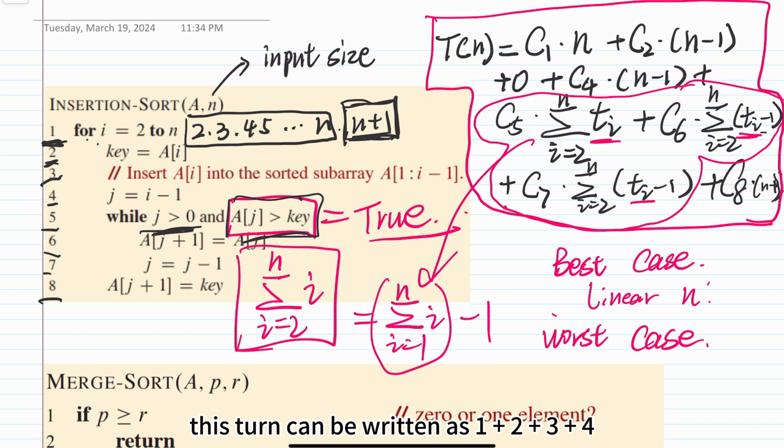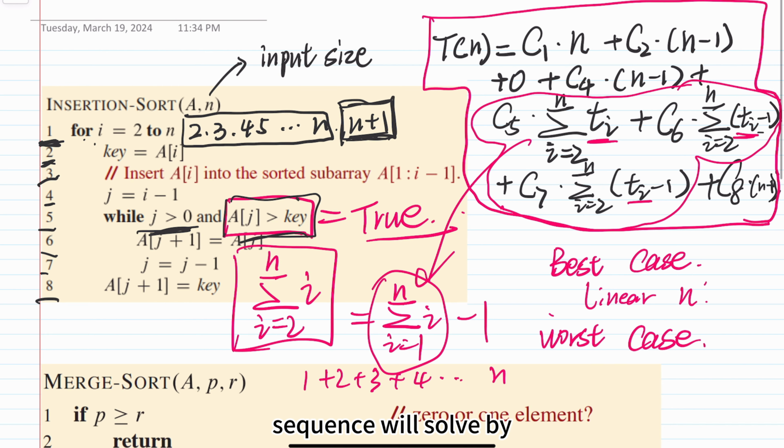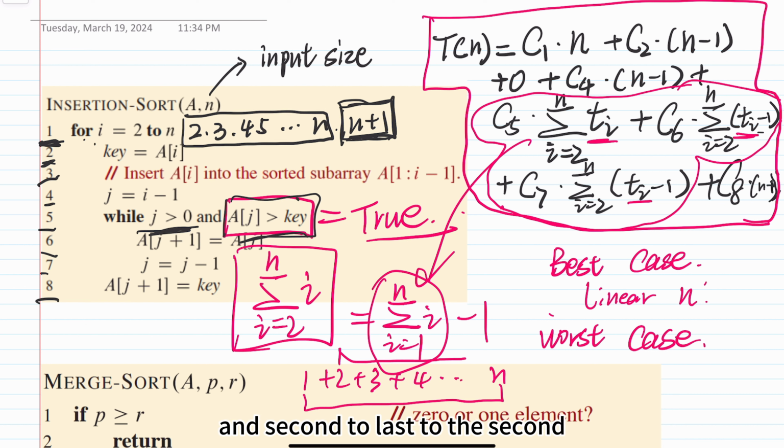This term can be written as 1 plus 2 plus 3 plus 4 till n. This sequence is solved by adding the head to the tail. You add the first one to the last one and the second to the second to last.